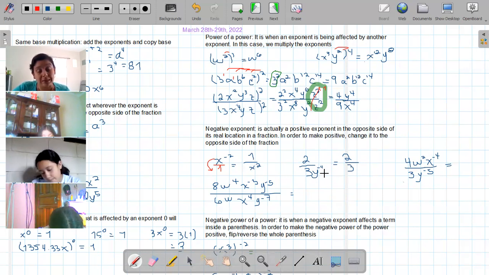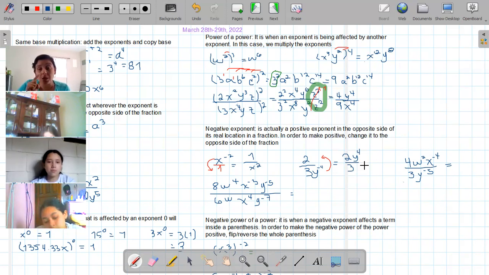Now this y to the negative 4, in order for us to make it positive, has to go to the numerator because it is negative in the denominator. So I copy my variable and the exponent, I make it positive. So 2 over 3y to the negative 4 is the same thing as 2y to the 4th power over 3.